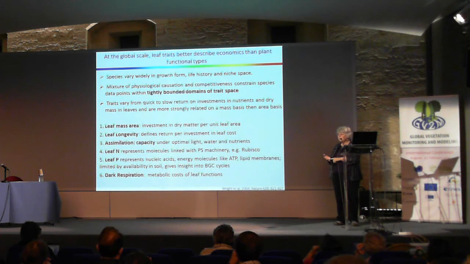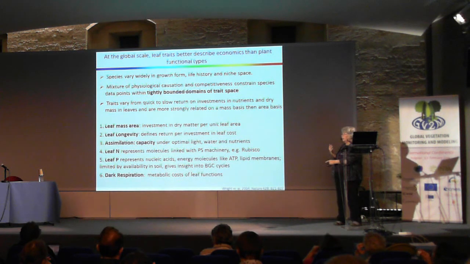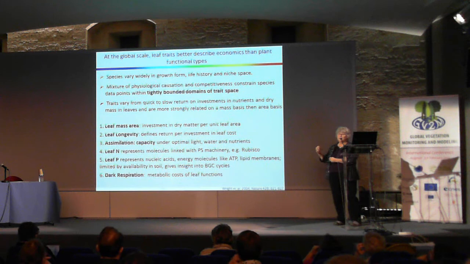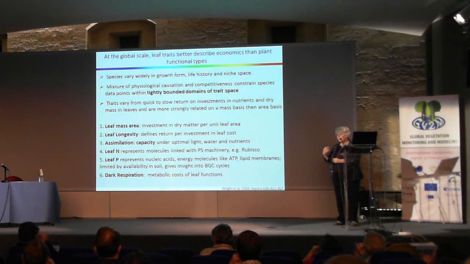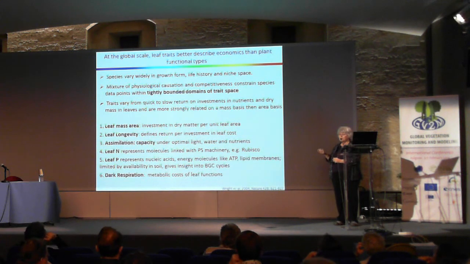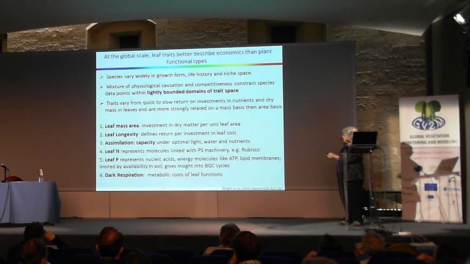So if you have high productivity, you have high chlorophyll content, high nitrogen, phosphorus, low leaf mass area, and short-lived leaves generally. So you have these traits that go together, which gives you something more than just, say, greenness as an indicator, because you can use the fact that you have multiple traits that should have the same trend to support higher or low productivity environments.